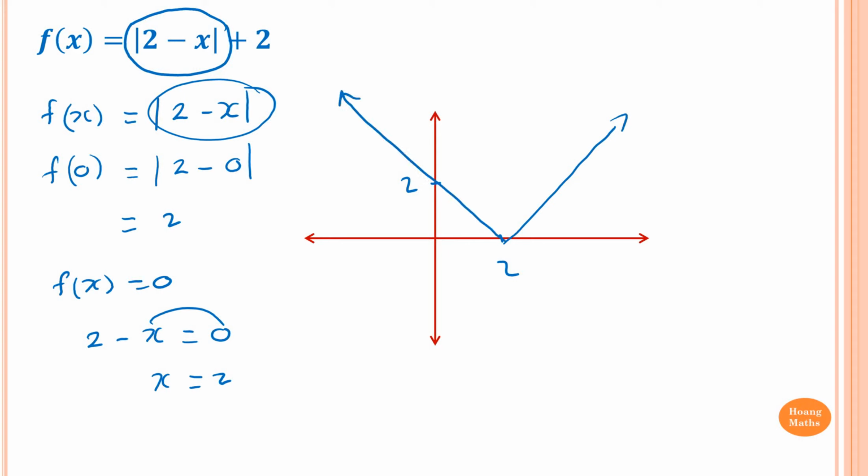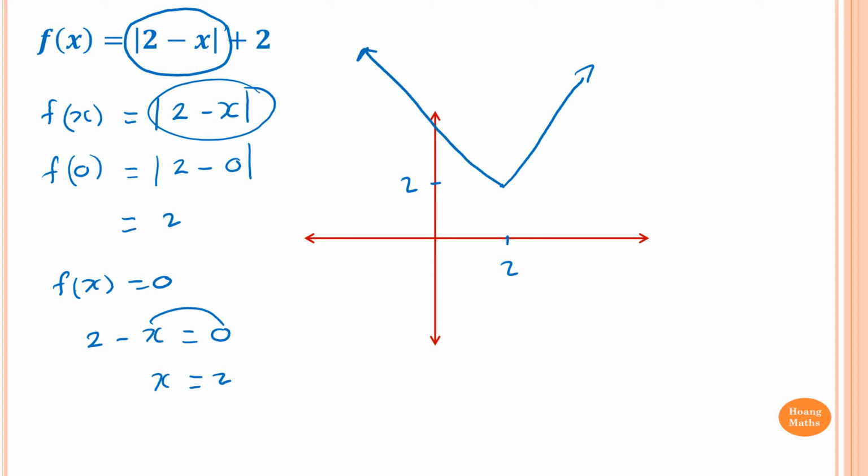And then we add 2 units up. So 2 units up, and this is 2 here. So the graph will just go this way. That's all. And then don't forget to label, because you moved 2 up. So this is 4, this one here is 2. Label x, this is f(x).